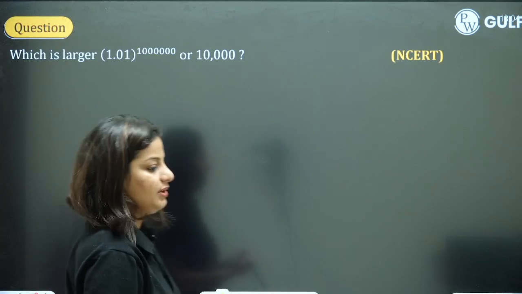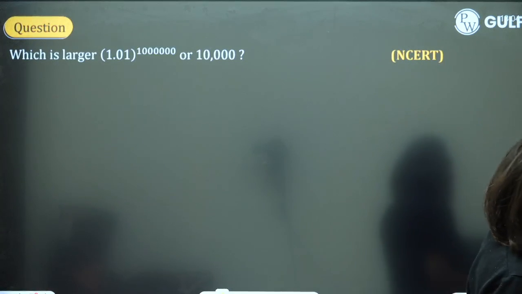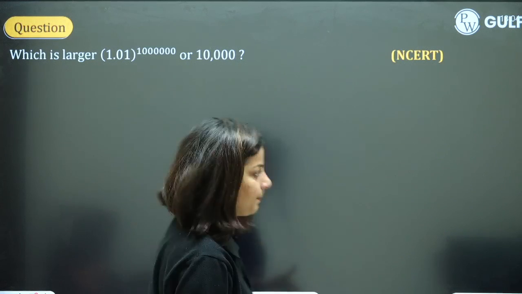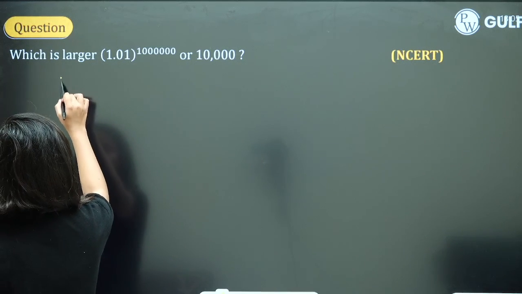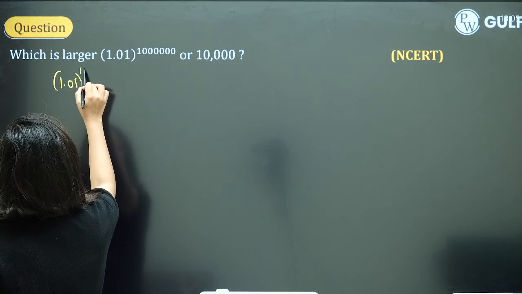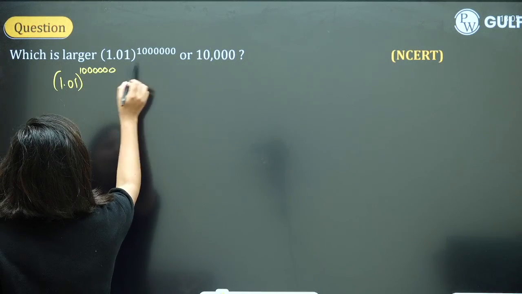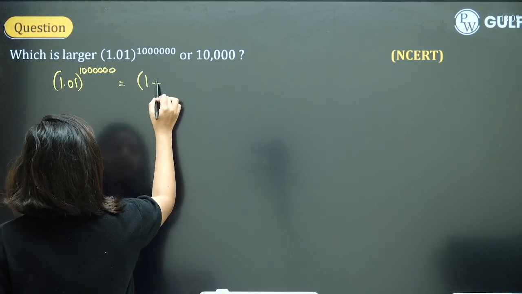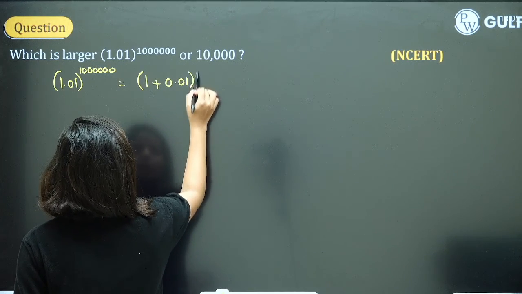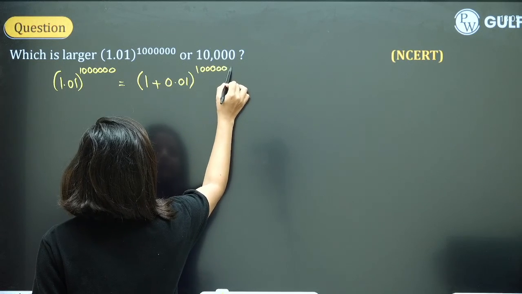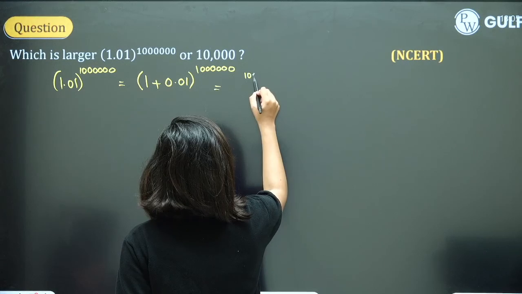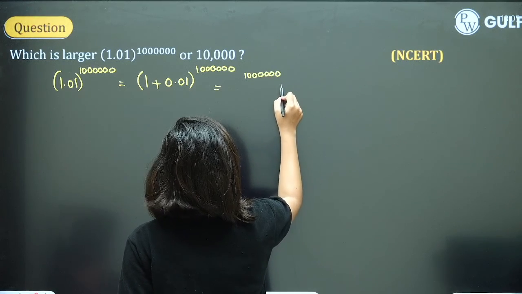Okay, next question. Which is larger, the first term or the second term? Now, very simply, you're going to use the expansion. 1.01 raised to 10 lakh, 1, 2, 3, 4, 5, 6 zeros. How will I expand it? I can write it as 1 plus 0.01, the whole raised to 10 lakh.